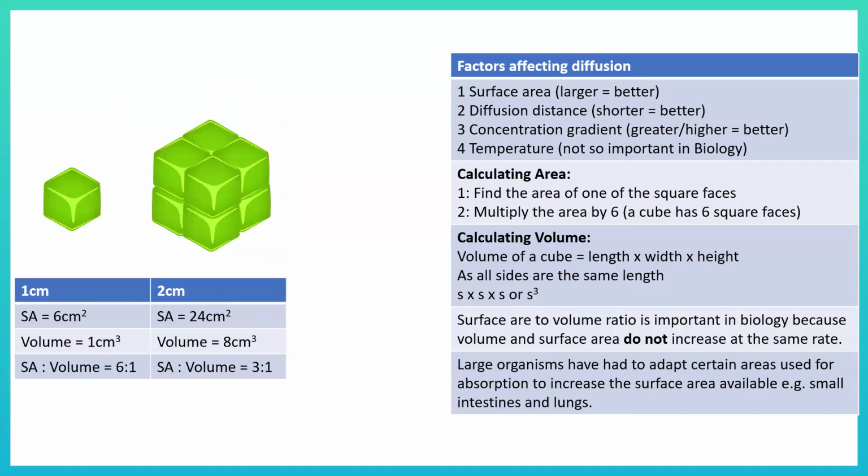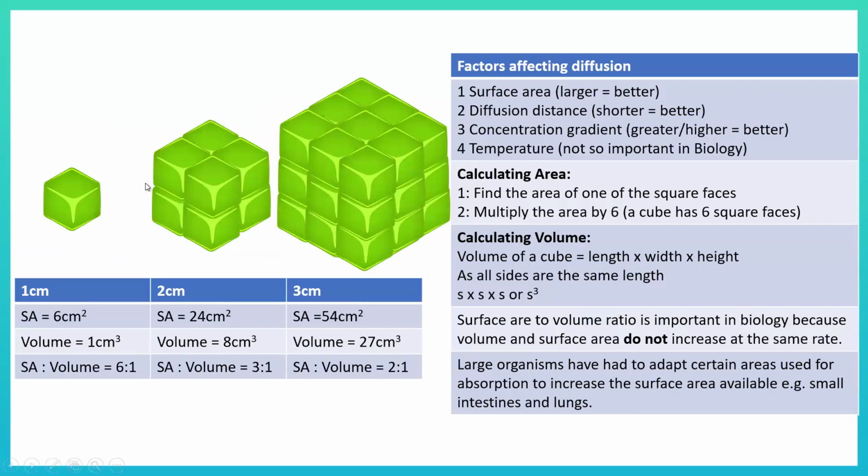So look at these. Okay, the surface of this cube, we've got 6 faces, and each face is 1 times 1 centimeters. So we do 1 times 1, and that's just 1, and there's 6 faces. So it has a surface area of 6. This cube has 2 centimeters by 2 centimeters.